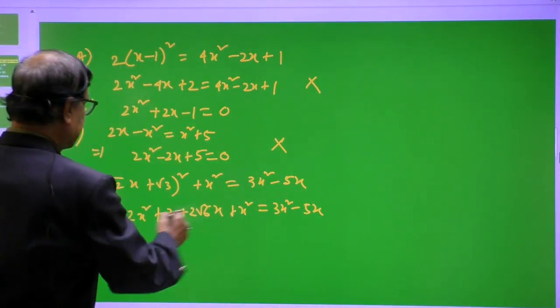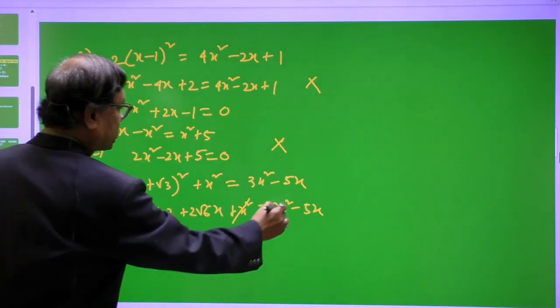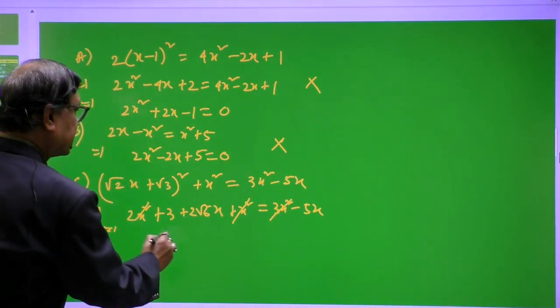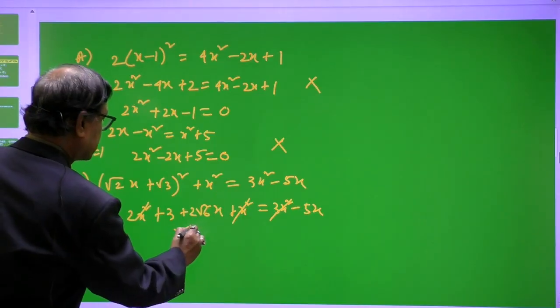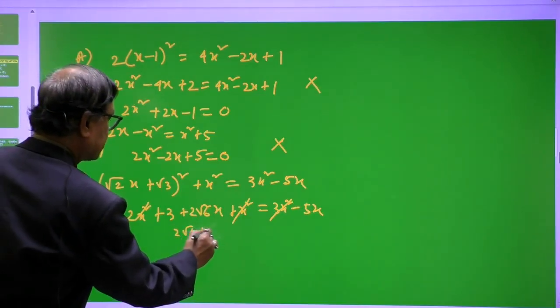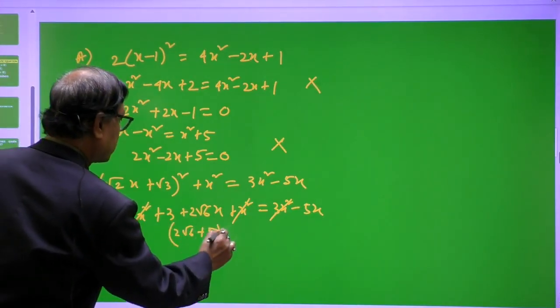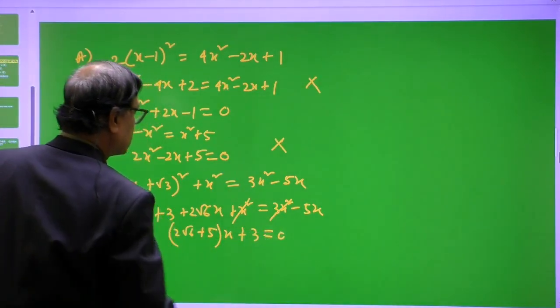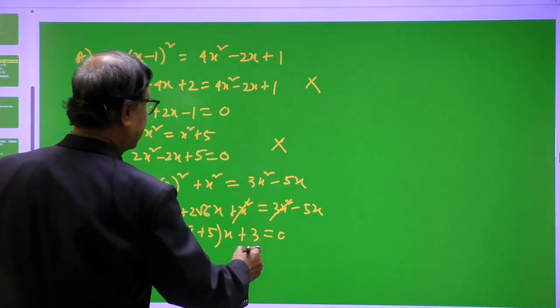Now 2x square plus x square together is 3x square, cancel from both sides. So we are getting 2 root 6 plus 5 whole into x plus 3 equals 0. So obviously it is not quadratic.